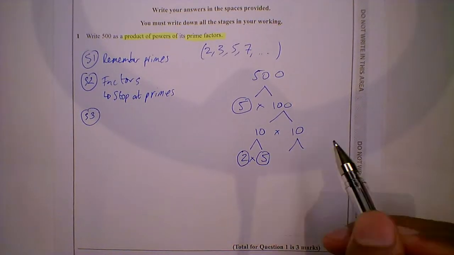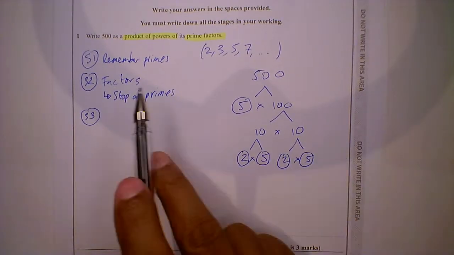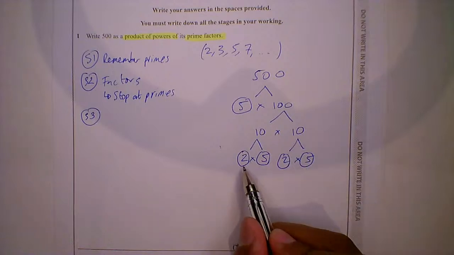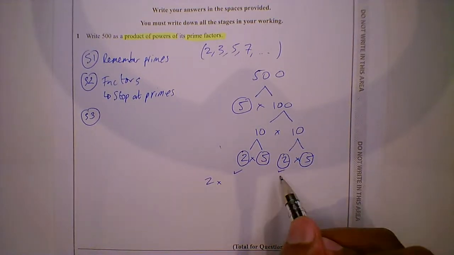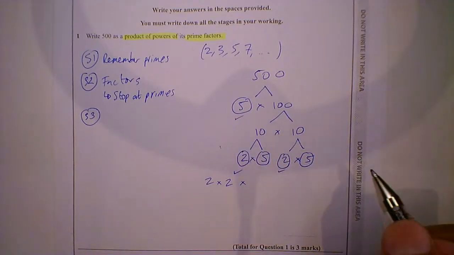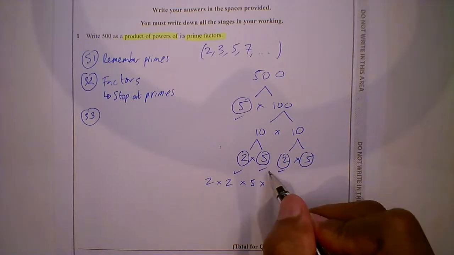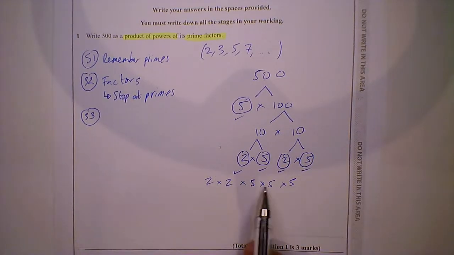This one is still not a prime. So this is again 2 times 5. So I've done my step 2. And you can see here, normally this would be 2 times 2 times 5 times 5 times 5. So I've done all of them. Normally this is what I would have.